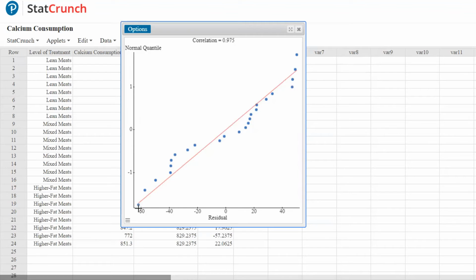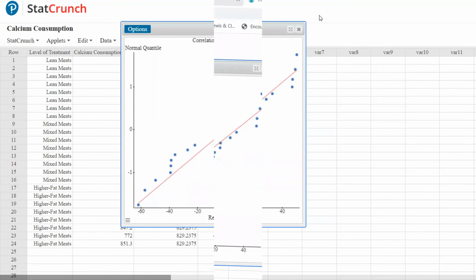By the way, that's not super linear looking, but if you draw a line through there, it does look somewhat linear. And again, we do have a correlation statistic of 0.975. So I'm going to write that down, R equals 0.975. And now I'm going to come back to my notes.